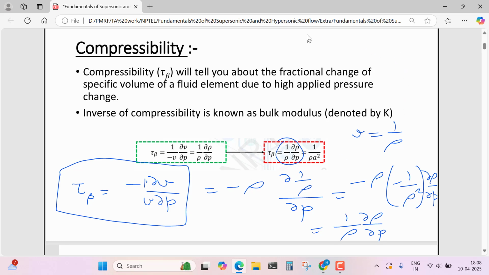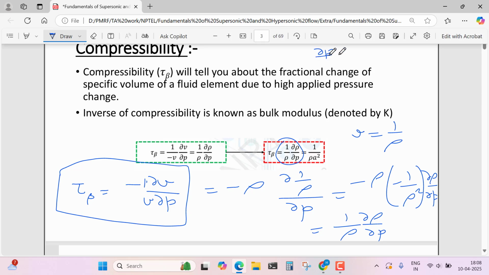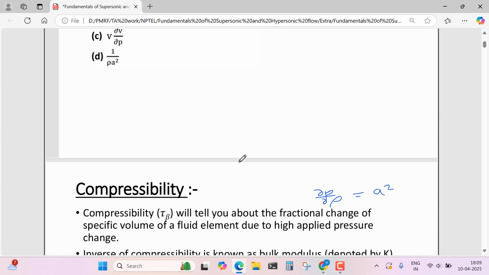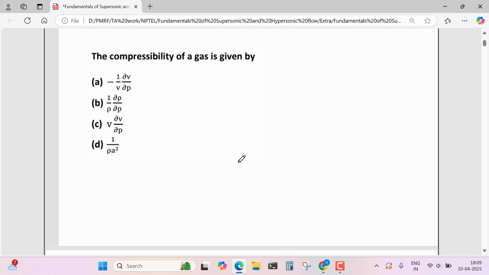Now we know that dou P by dou rho is nothing but A square, the speed of sound. So we can substitute this here also. So we will get this equal to 1 by rho A square. So in the options, the first option will be correct.